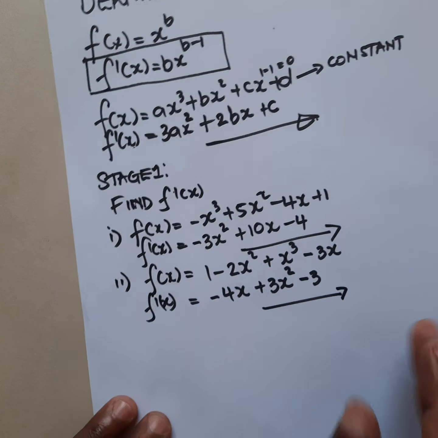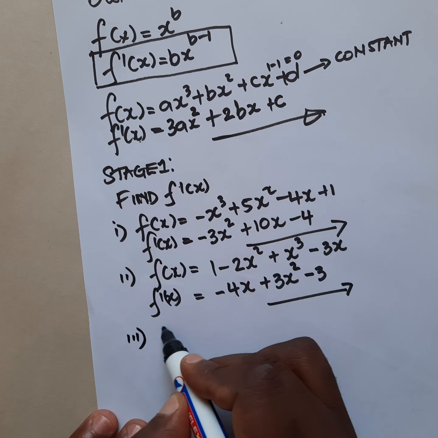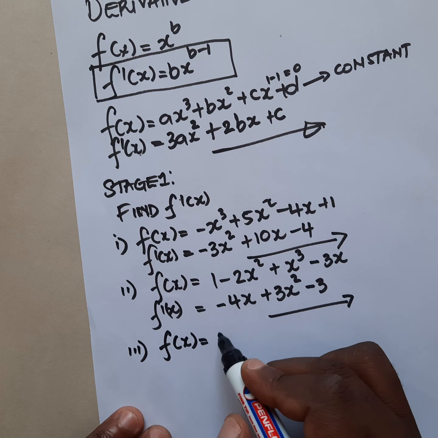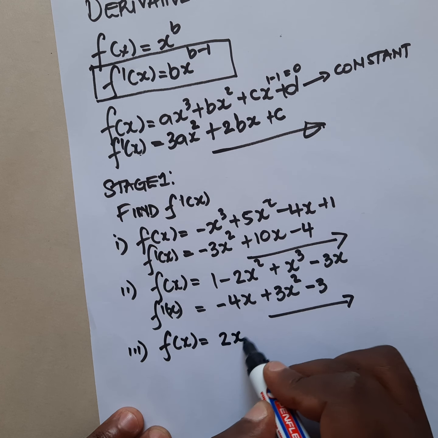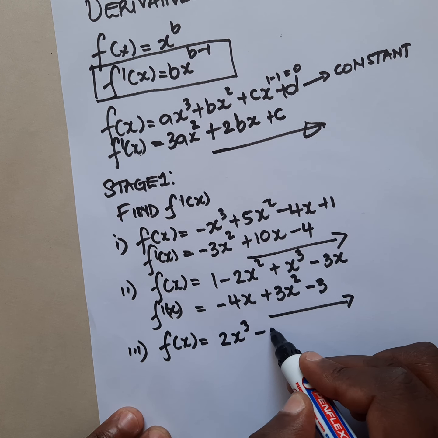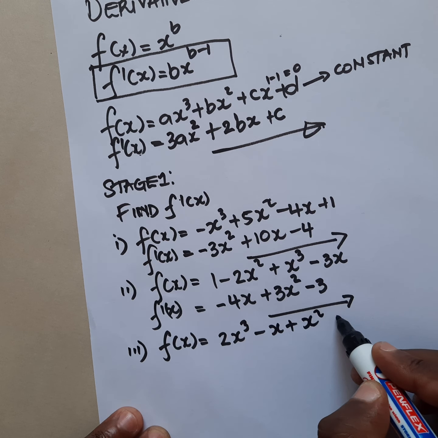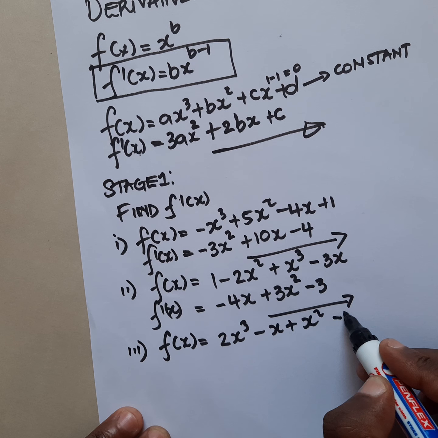Okay. Number 3. We are given f of x is equal to 2x cubed minus x plus x squared minus 4.